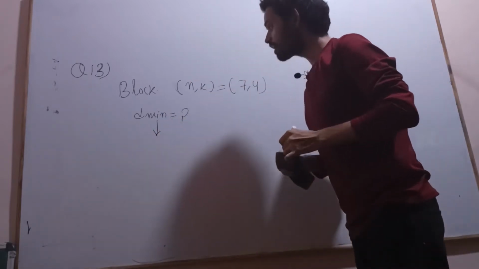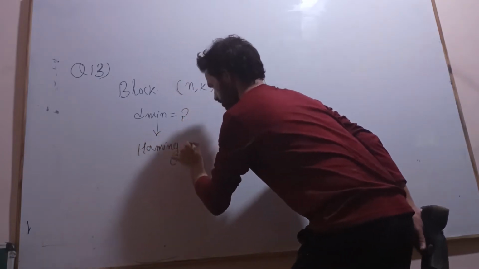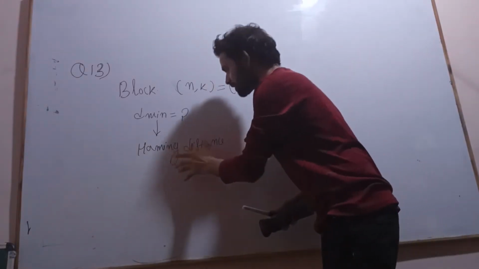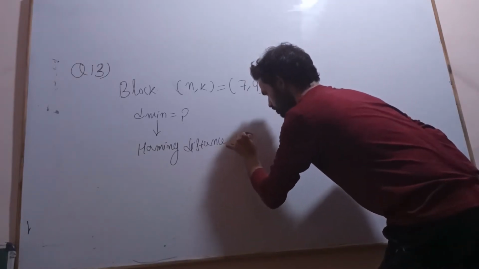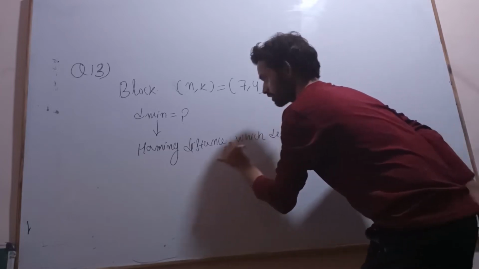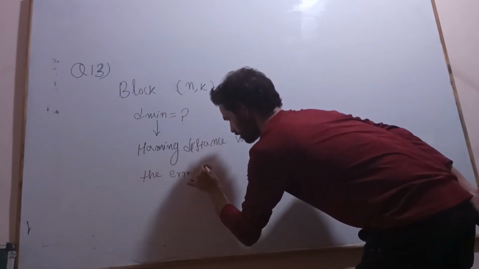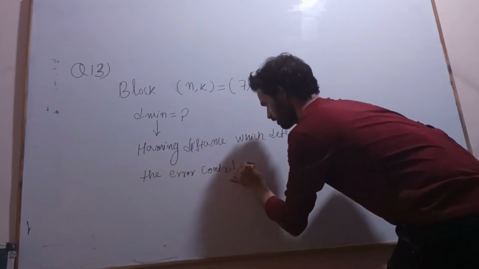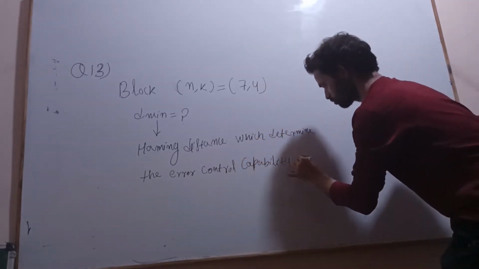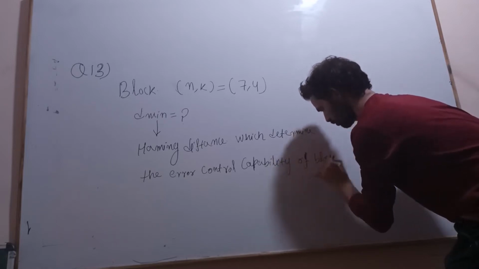D minimum is the minimum distance, or you can say Hamming distance. Hamming distance, which determines the error control capability of the block code.